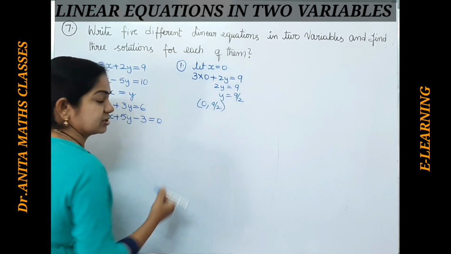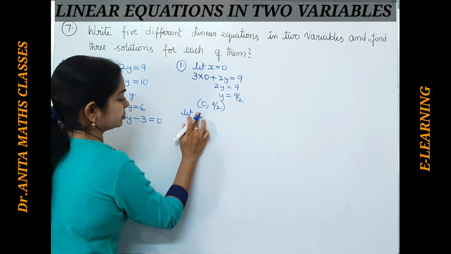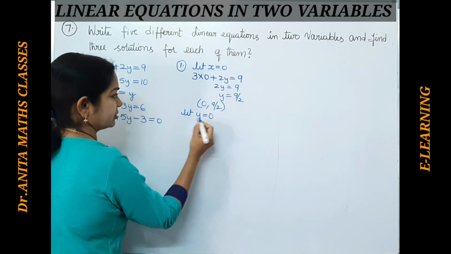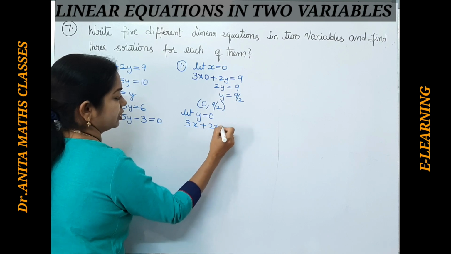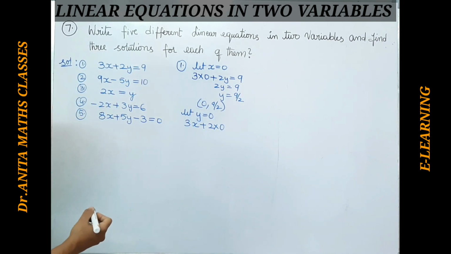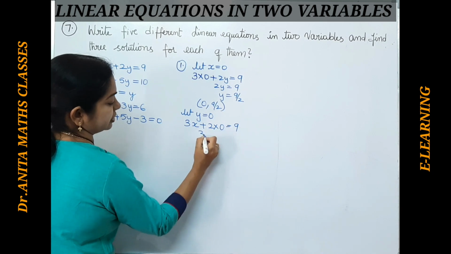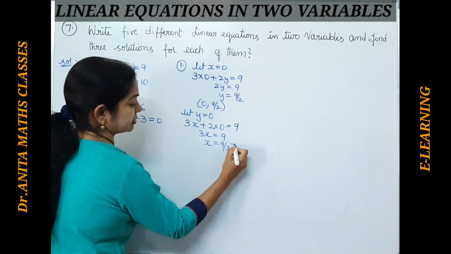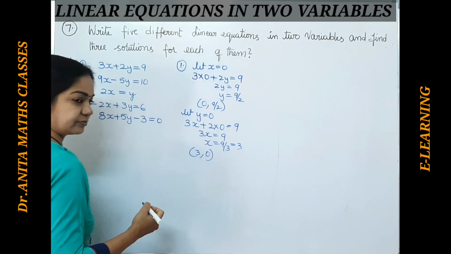This is one solution. Let us take y equal to 0, or x equal to 1 also you can take. So 3x plus 2 into y is 0, isn't it? Here y value is 0, equals 9. So 3x equals 9. x is equal to 9 by 3, that is 3. So 3 comma 0 is a solution.